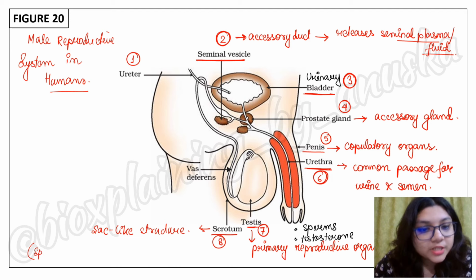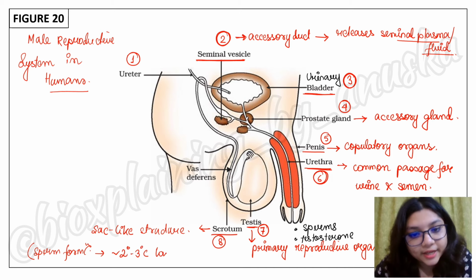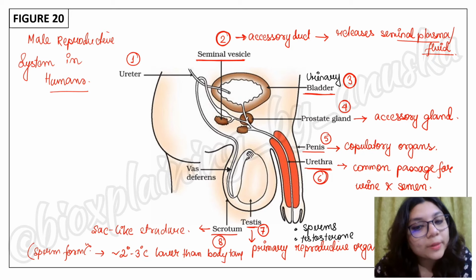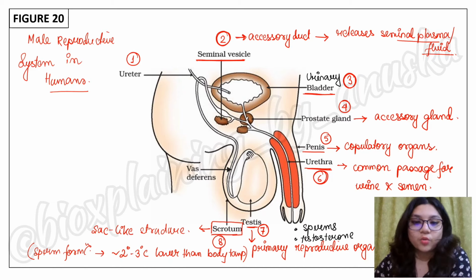Because for sperm formation, that is spermatogenesis, the temperature required is 2 to 3 degrees centigrade lower than your body temperature. That is why the testes are not present inside the abdomen. They are present outside in a sac-like structure called the scrotum.